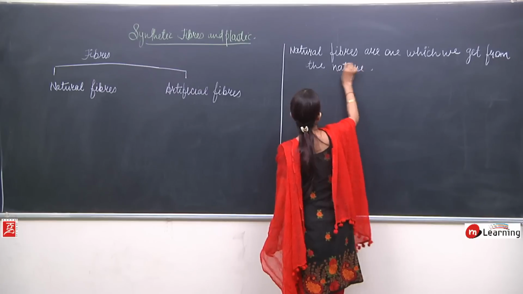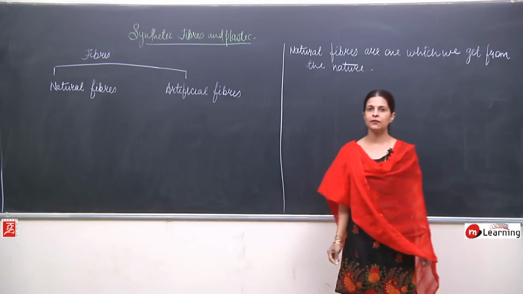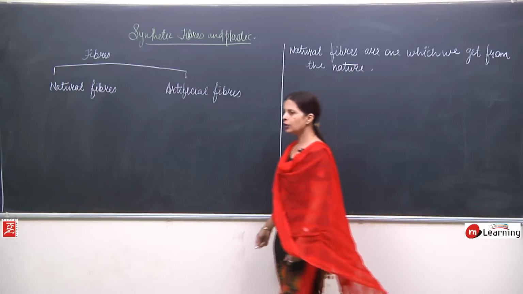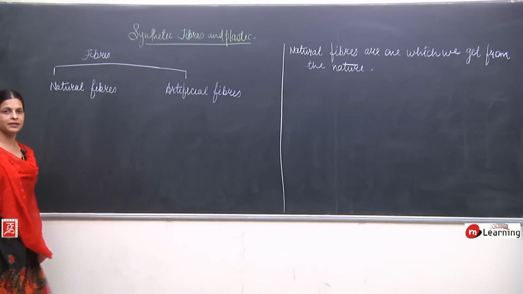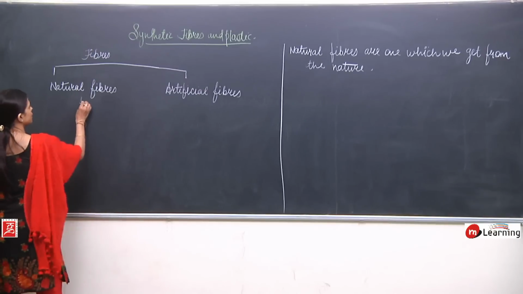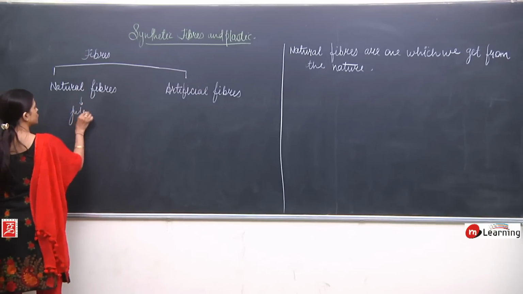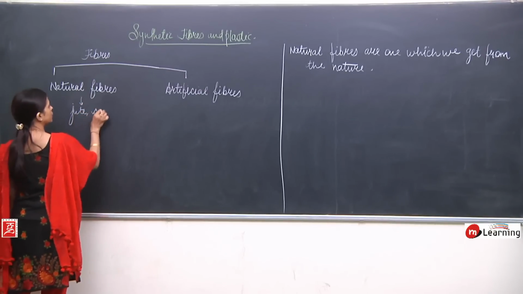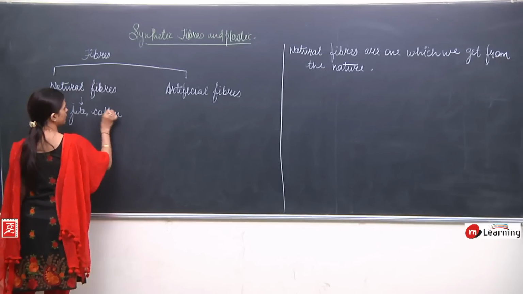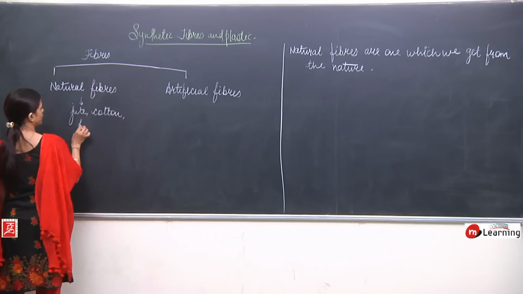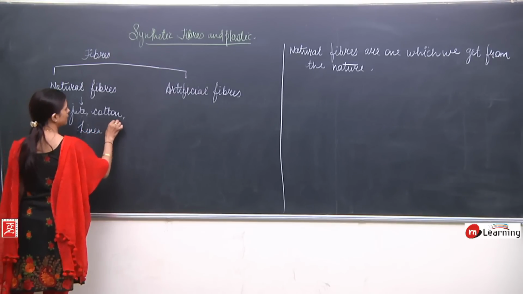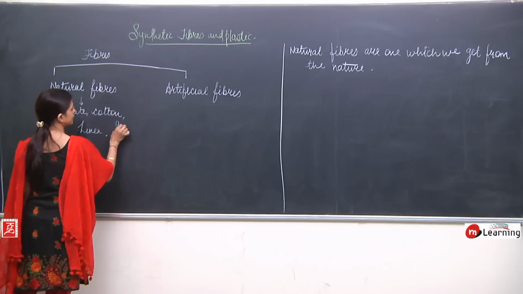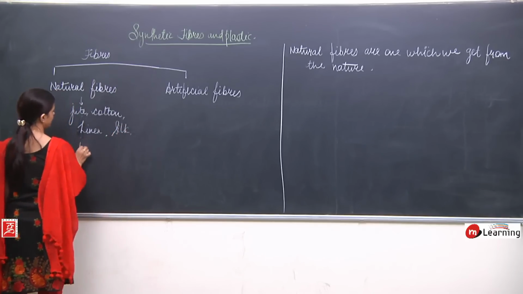Now, which fibers do we get from nature? We all know the examples of natural fibers because we have done this in 7th standard. The examples of natural fiber can be jute, cotton, linen, silk, and wool.